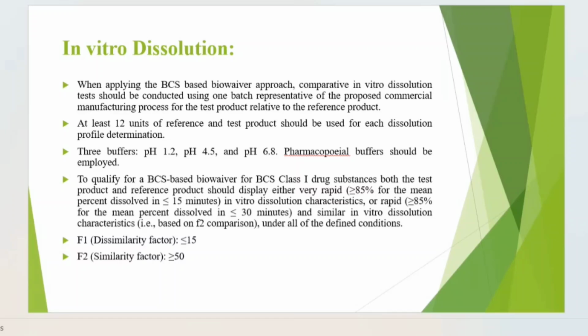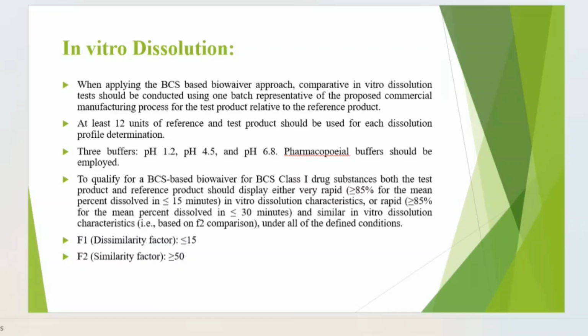When applying the BCS based biowaiver approach, comparative in vitro dissolution test should be conducted using one batch representative of the proposed commercial manufacturing process for the test product relative to the reference product.